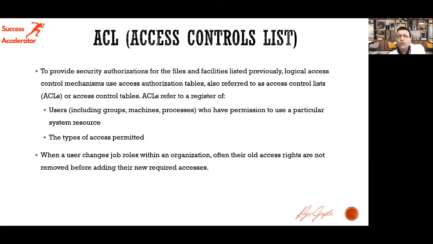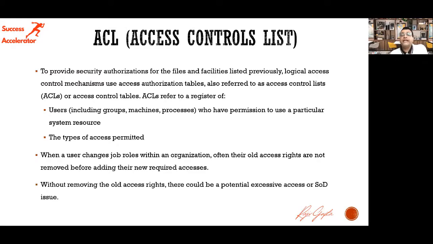But I no longer work for the procurement department. So those roles which were assigned to me in my previous job role are not removed automatically in many organizations. And hence what happens? I retain my older access rights and I get the new ones.